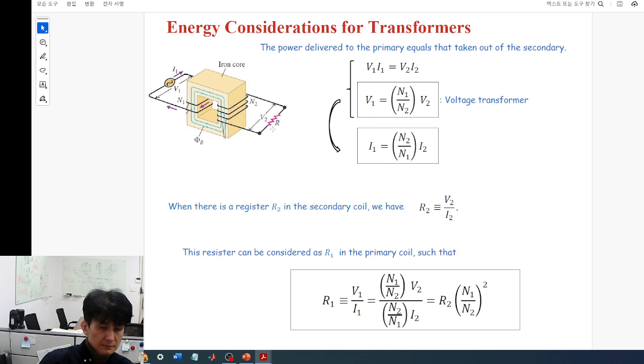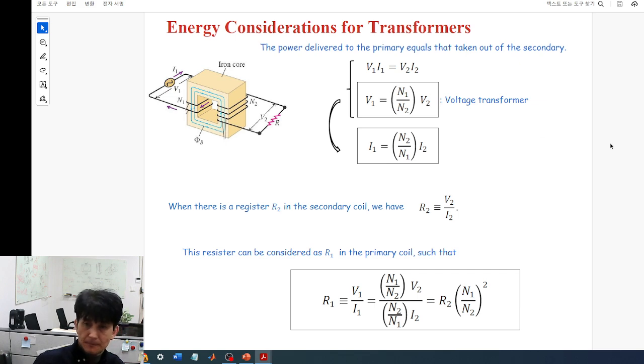That's the relation. So this is one of the reasons why people use a transformer for a long distance transmission line, to transmit power over long distances to the consumer.